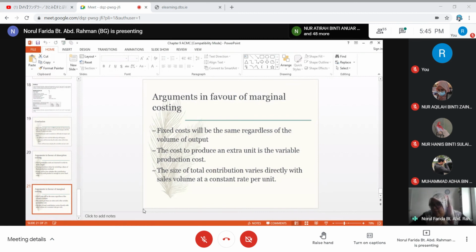Alright, the size of total contribution varies directly with sales volume at a constant rate per unit. For management purposes, better information about expected profit is obtained from the use of variable cost and contribution in the accounting period. Alright, size of total contribution directly with the sales volume lah. Betul lah tu, tadi kan contribution is sales tolak you punya variable cost.